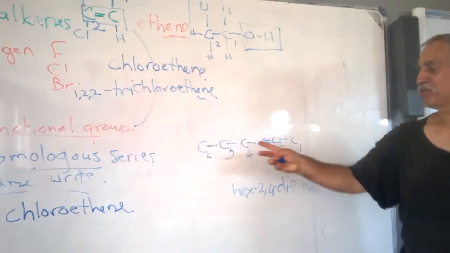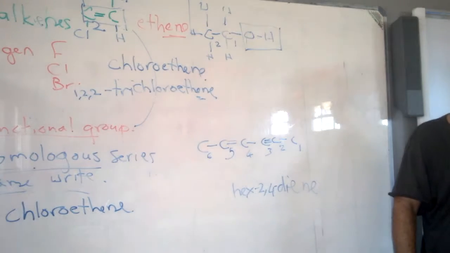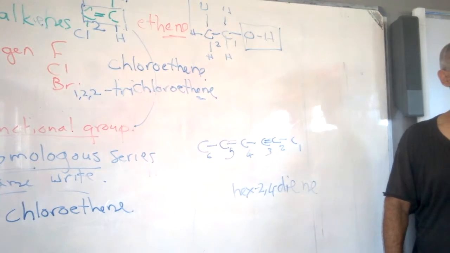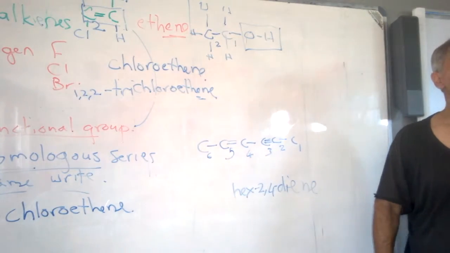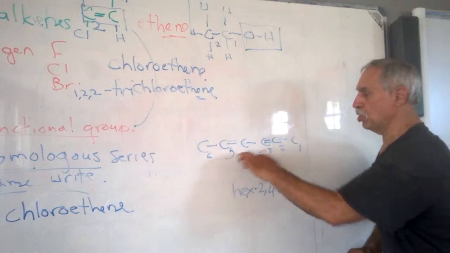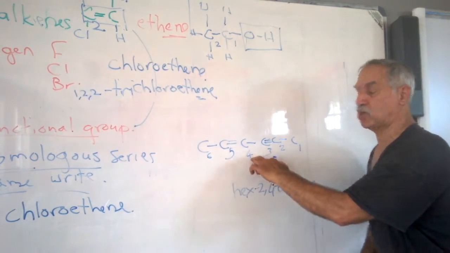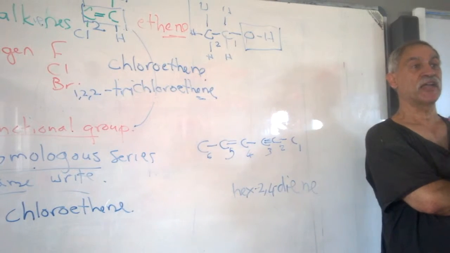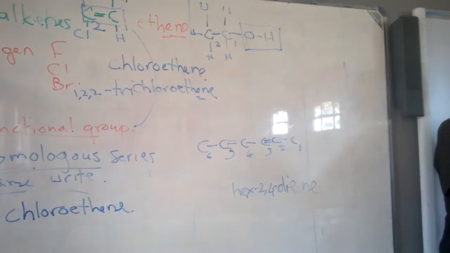Because it's got 2 double bonds, on carbon number 2 and carbon number 4. So it's a diene.